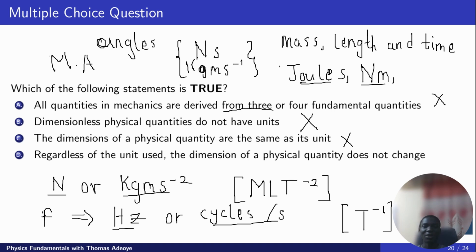I mean, that's the dimension of unity, so that will leave us 1 over second, and that's just T to the power minus 1. So regardless of the unit that is used, the dimension of a physical quantity does not change. And here we are, I predicted right. So D is true. A, B, C are not true, but D is true. All right, so let's move on.